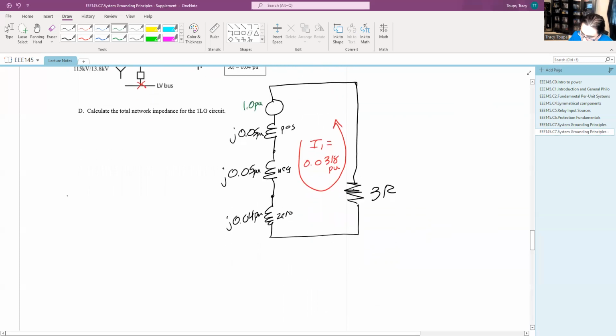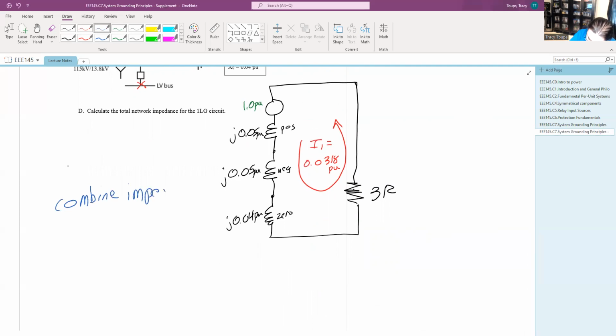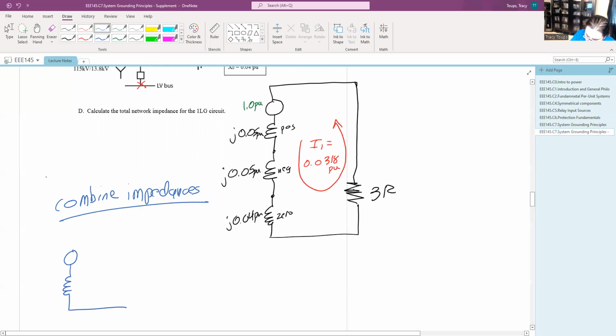Well, the easiest thing to do, so now let's combine impedances. Let's make the circuit smaller and easier to look at. All right, so the source has to stay, but look at all my reactances. I could combine this over to something total, right?